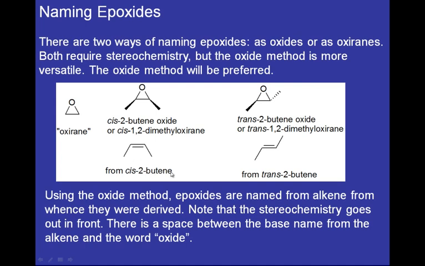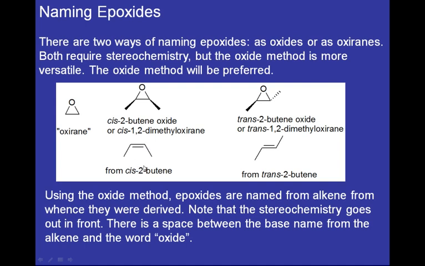The way that alkenes are named is that we number the chain, 1, 2, 3, 4, and the alkene, like the alcohol, gets the lowest possible number that we can give it in the chain. So this makes it 2-butene, and since this is cis, it's going to be cis 2-butene.